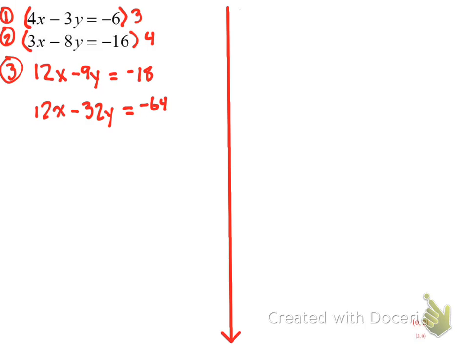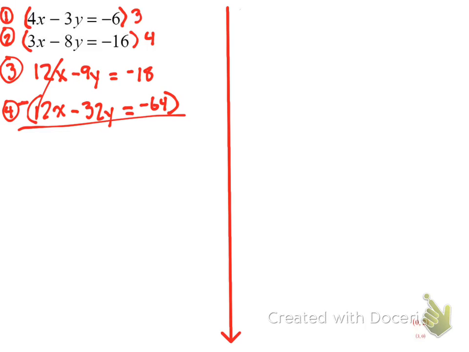Now I have 12x in both equation 3 and equation 4, so I can eliminate 12x. I'm going to subtract the second equation. 12x minus 12x is 0x, so that cancels out.